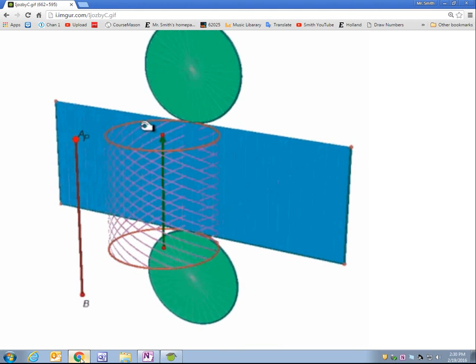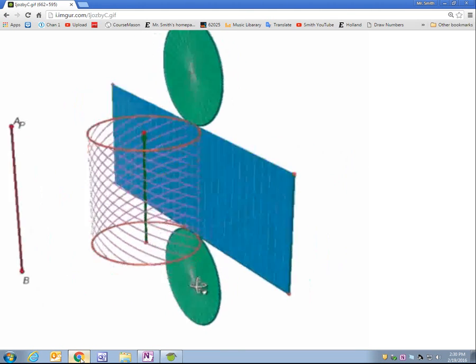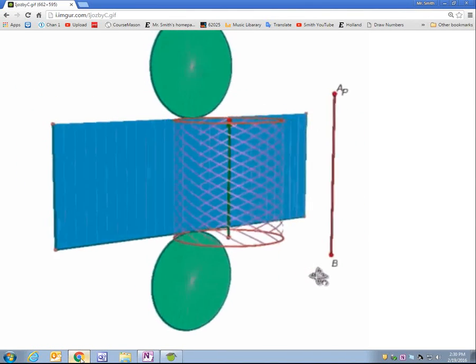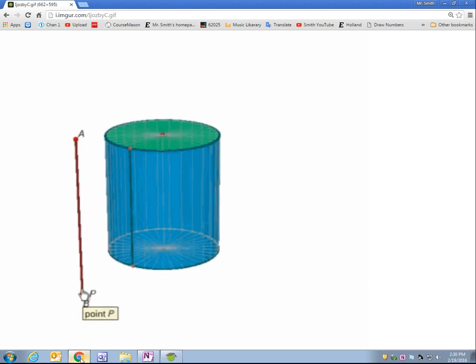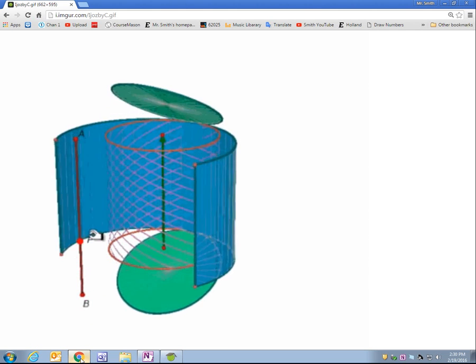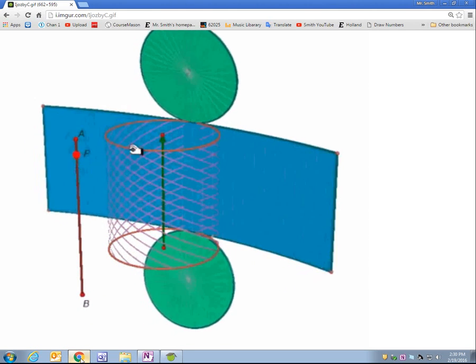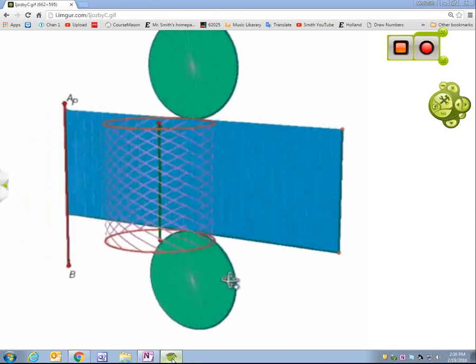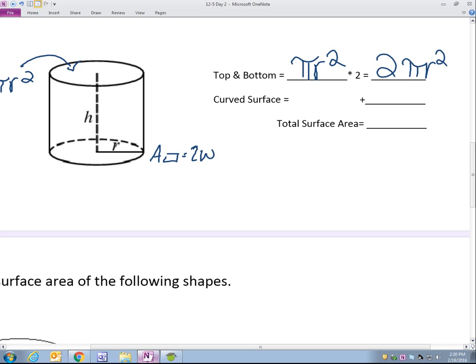As it closes again, I want you to tell me if there's a way that we can measure the length of that yellow line or that red line. Mandy, what is it? Yes, it's the circumference. The circumference is the length of that side of the rectangle.